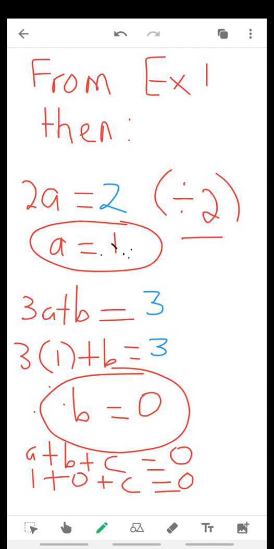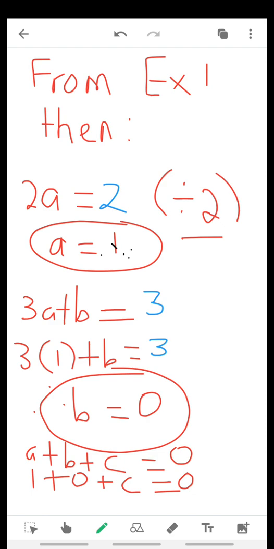And then we said 3A plus B is equal to what from example 1? 3. Therefore, where there is A, now I put 1 because A is equal to 1. 3 times 1 is 3. Now I've got 3 on the left, 3 on the right hand side, which is both positive 3. So the 3 and the 3 will cancel. B will be equal to 0.